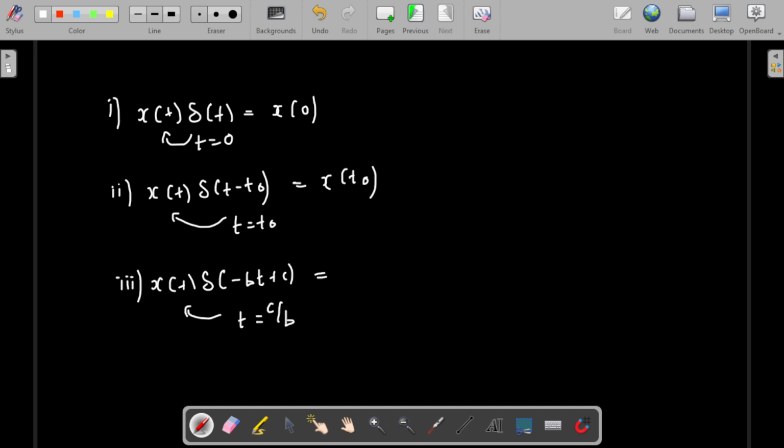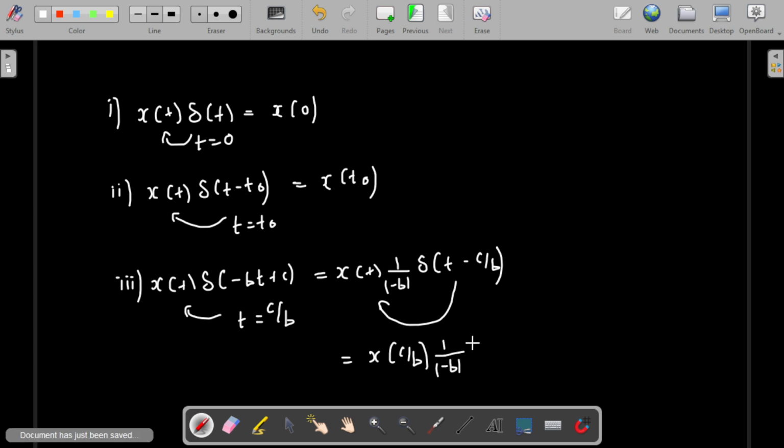So x of t with 1 divided by modulus of minus b, del of t minus c by b. This value needs to be applied here, so then this will change to x of c by b, 1 divided by modulus of b, into del of t minus c by b.